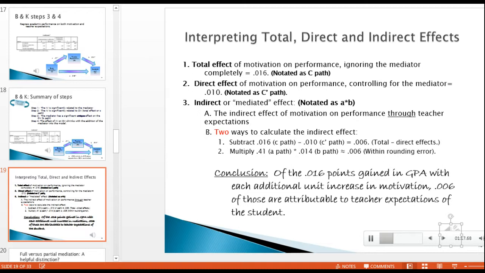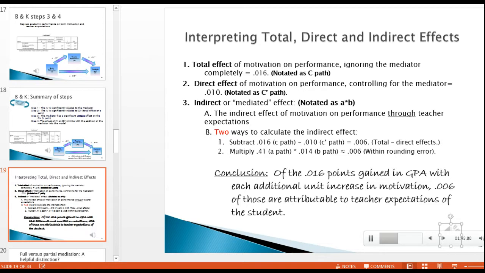We would expect a 0.01 points increase in performance, holding the teacher expectations constant. And remember that was not significant anymore, so we did not have a significant direct effect, meaning that most or all of the variability that the IV was causing in the DV was by means of the teacher expectations.